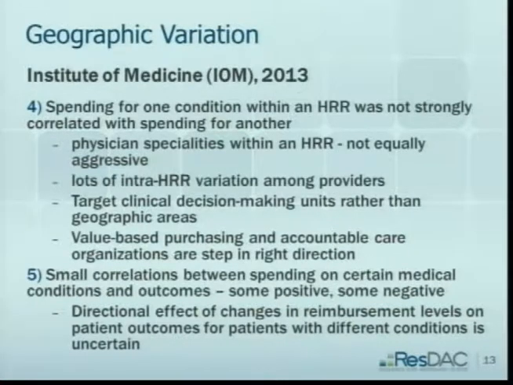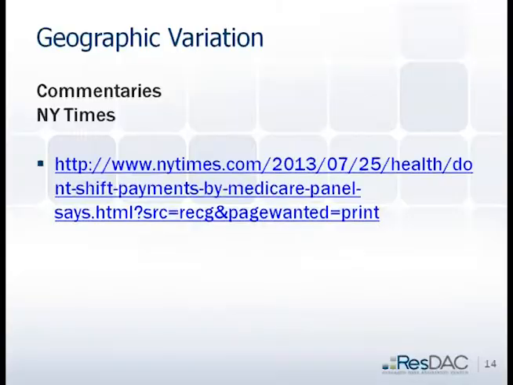I think it depends really on the disease and what area of the country you're in. It's really hard to tease out which direction we should go with reimbursement levels. And depending on what the conditions are, whether we really know whether higher spending on certain conditions is worth the effort or not, we really don't have enough evidence to make those calls.